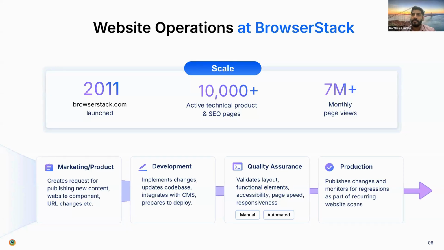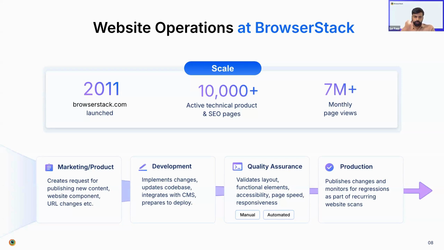From there on, we've launched a lot of new products, right? And the scale that we've hit today is more than 10,000 pages on the website. On average, the monthly views that we get on our website is around 7 million. So it's a huge scale wherein we see a lot of traction, and it's a very critical asset for the organization.